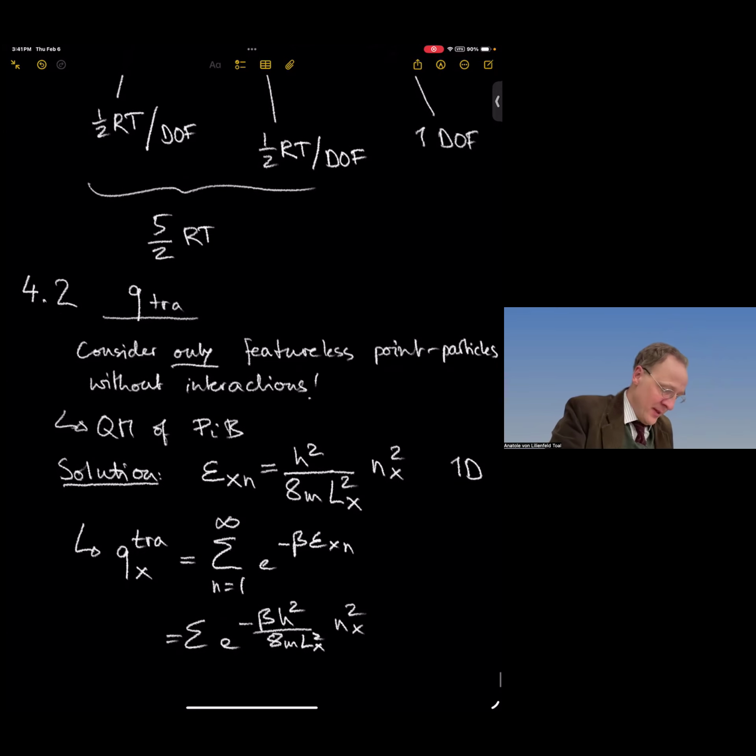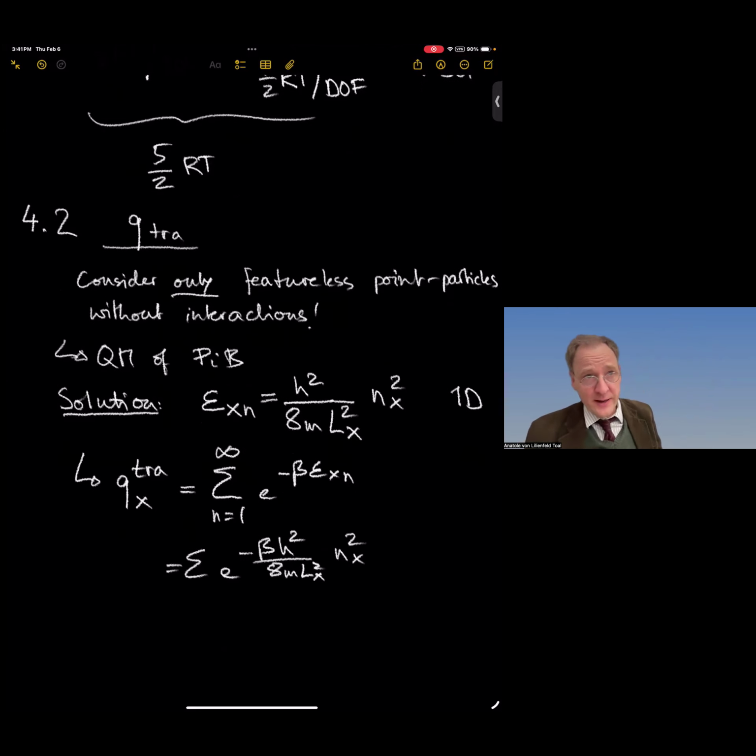Now, if you look at this function in terms of n, our variable, you can see that this actually looks like a Gaussian function where this factor here in front would be your width, sigma, right?